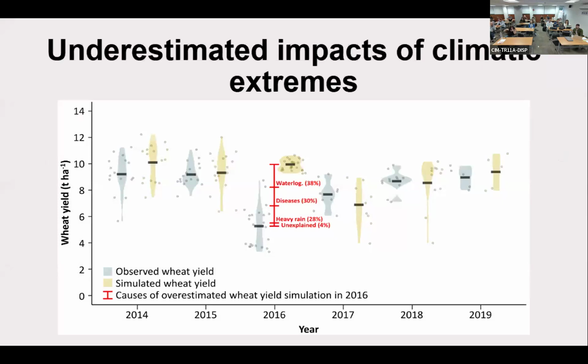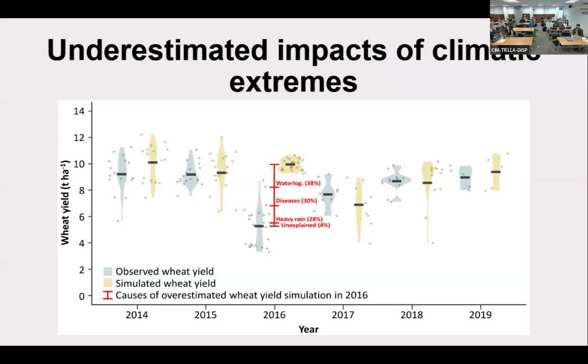Here we have observed in blue and simulated in yellow, in different years, with wheat yield on the y-axis. So you see that in 2014 the simulations and observations are very similar. Same thing for 2015, and a little after, 2017, 2018, and 2019, also okay.